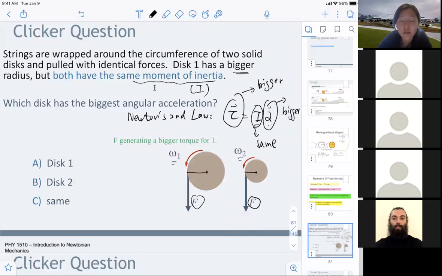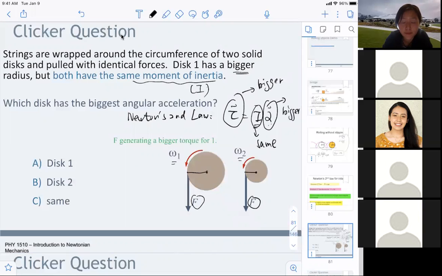I think I was having a little trouble hearing you. Can you hear me now? Yes. I was just saying that disc 1 has a larger torque because it has a larger radius, and therefore it takes more force to rotate the disc rather than the smaller one, which has a smaller radius.